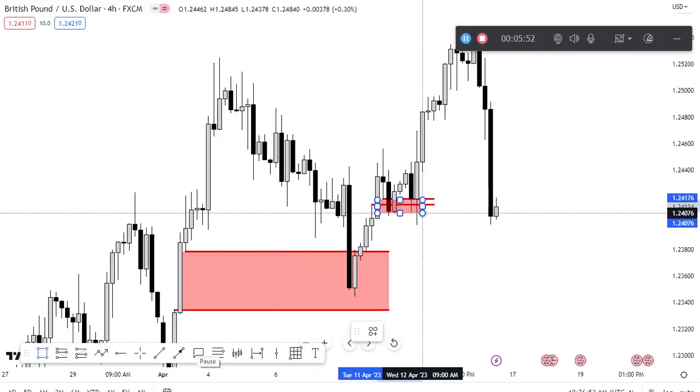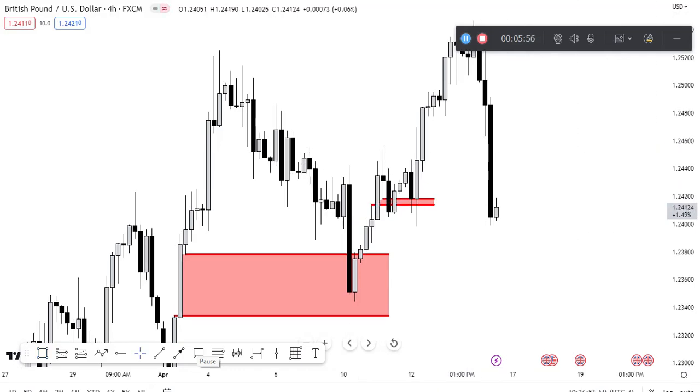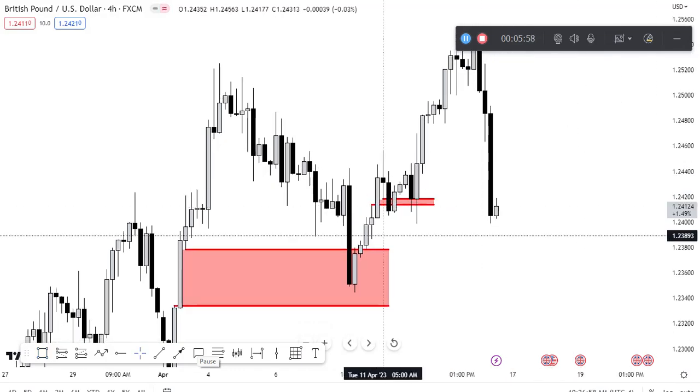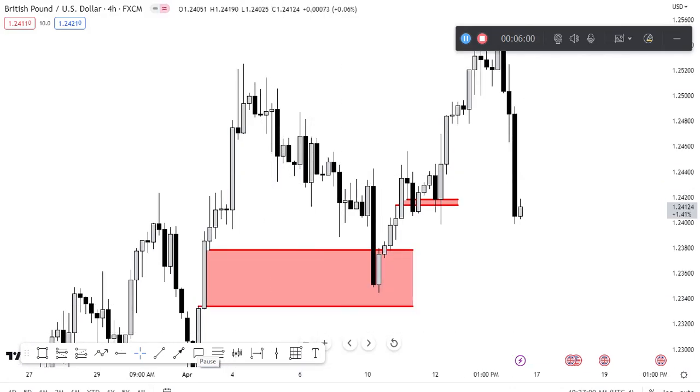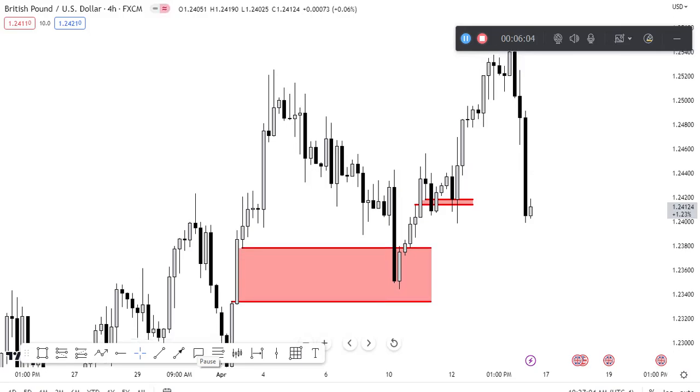When we mark out these zones on a higher time frame, we expect price to potentially revisit these key zones right here and potentially reverse or initialize a continuation.